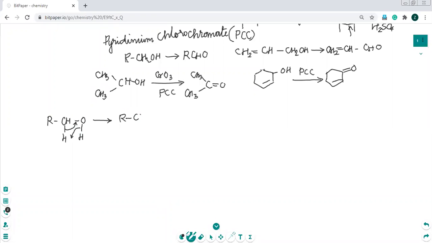Let me put the hydrogen on the top so that you can avoid confusion, and I'm making the double bond on this side, plus H2. This reaction we call dehydrogenation.